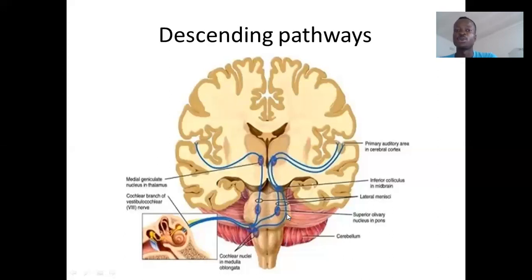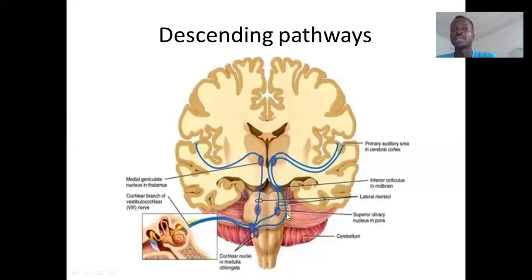Then you can have fibrosis of the annular ligament that is connecting the footplate of the stapes to the oval window, and that can be a congenital malformation that can result in deafness.